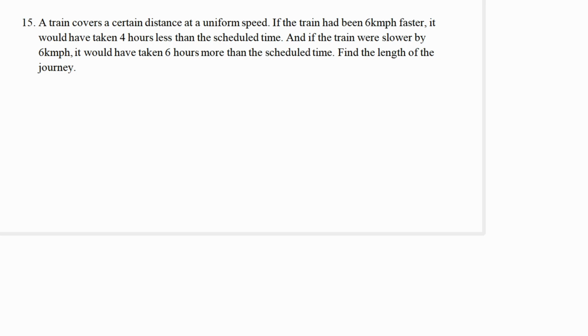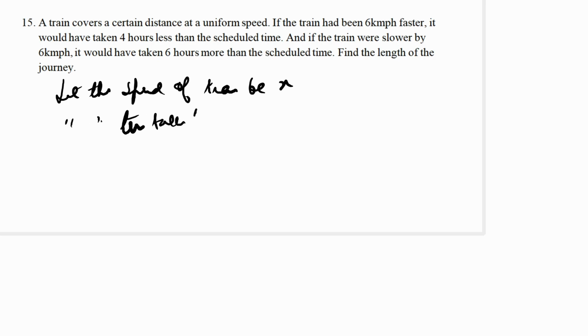Okay, so we'll say let the speed of train be x, let the time taken by train be y. See, this is under normal conditions, when it is moving at a uniform speed.